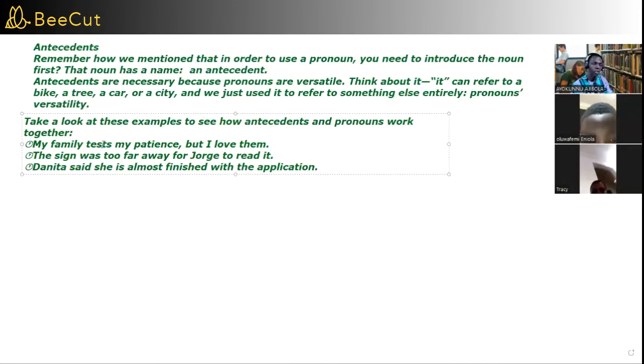Okay, now which pronoun is replacing my family in that first sentence? Them. Then which pronoun is replacing the sign? It. And what is replacing Janita? She.